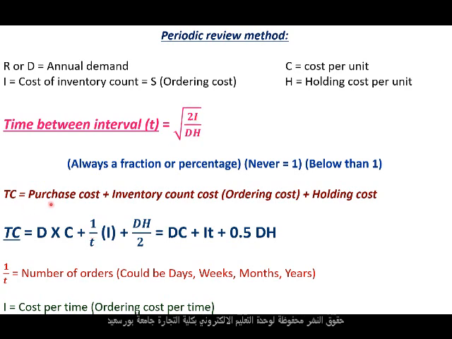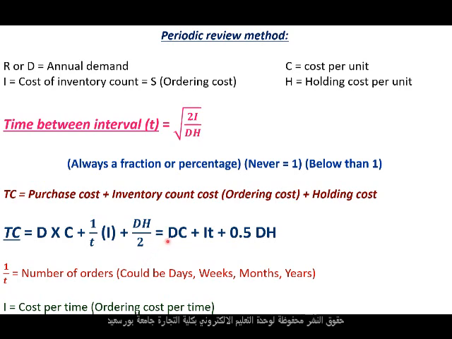Total cost equals purchase cost plus ordering cost plus holding cost: D times the cost per unit, plus 1 over T times I, plus DH T over 2.